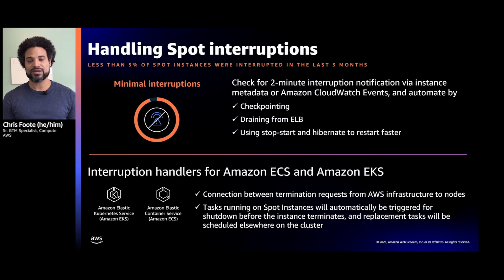The other good thing is for common spot use cases, interruption handlers have already been built. For example, let's look at Amazon ECS and EKS because those are very common uses for Spot. Spot is integrated very tightly with Elastic Kubernetes Service and Elastic Container Service. What we mean by this is that spot interruption handling is already taken care of for you.